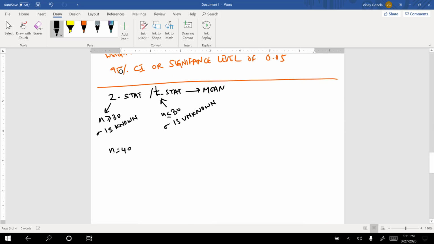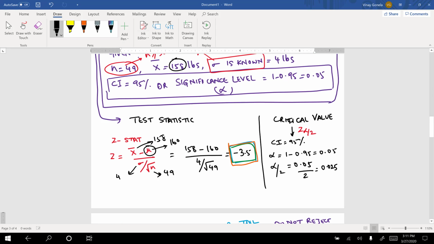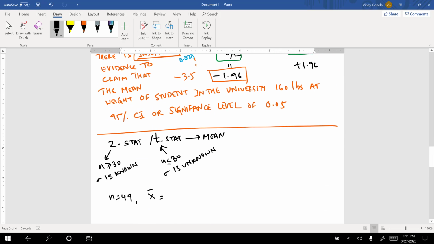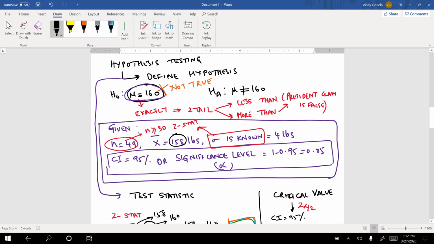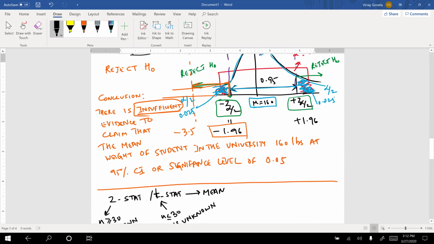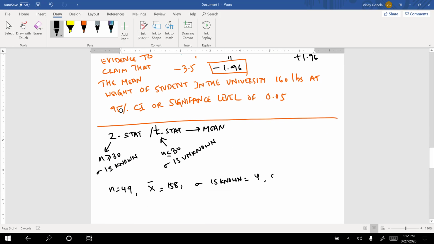So I will note down these values such that we can solve in calculation aids. So n is 49, x bar is 158 and sigma is known, and this is equivalent to 4, and your significance level which is alpha is equal to 0.05, and then your hypothesis is mu is equal to 160.